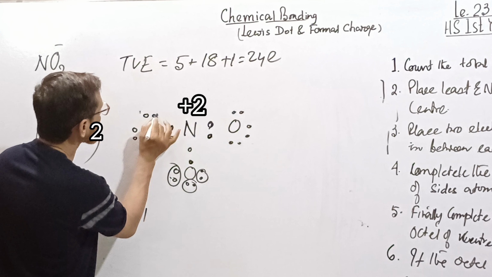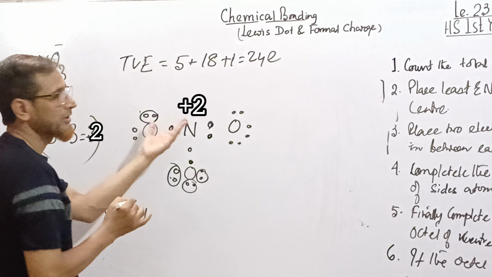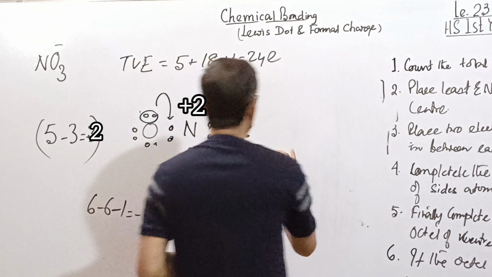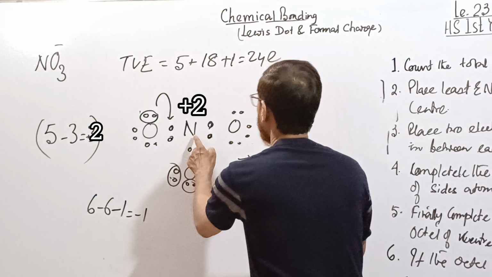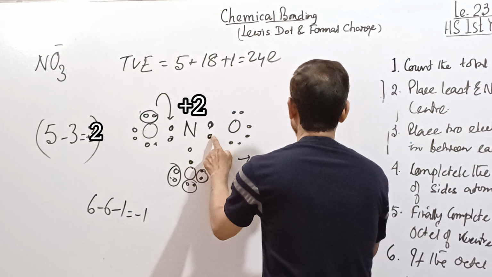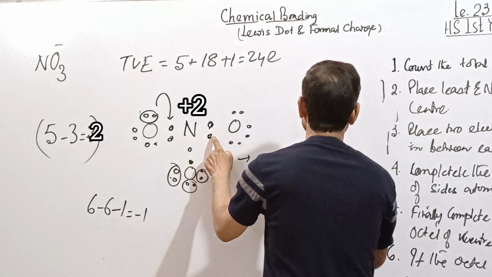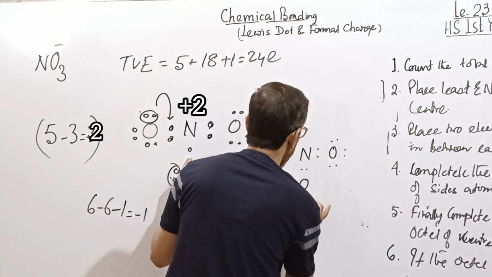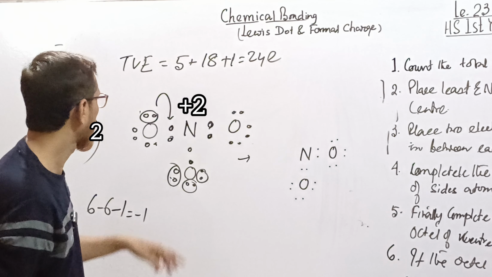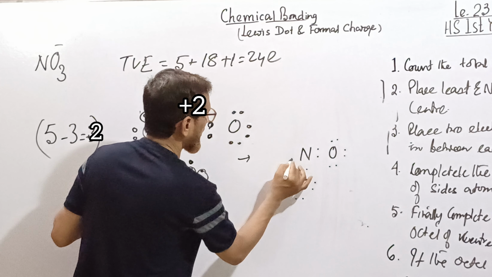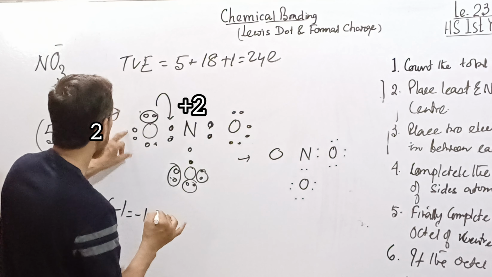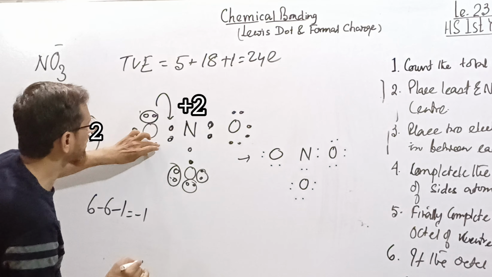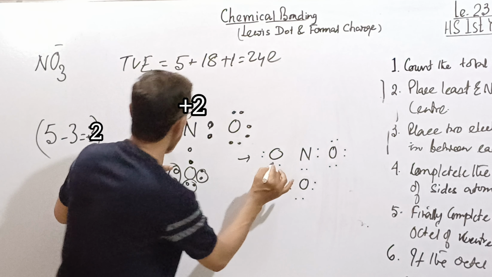Let us shift one pair of electrons from an outside atom to here. So this remains the same, but for that oxygen there are now 2 lone pairs, and this pair has been arranged here.